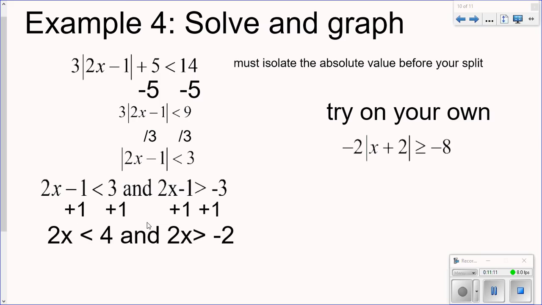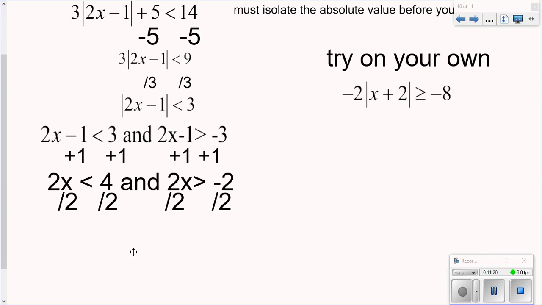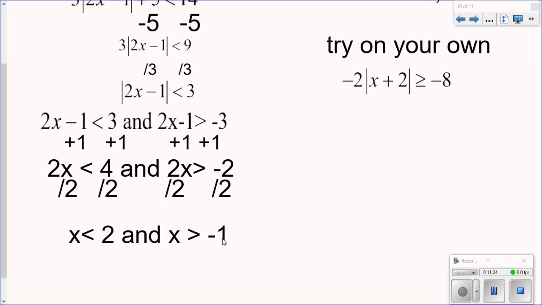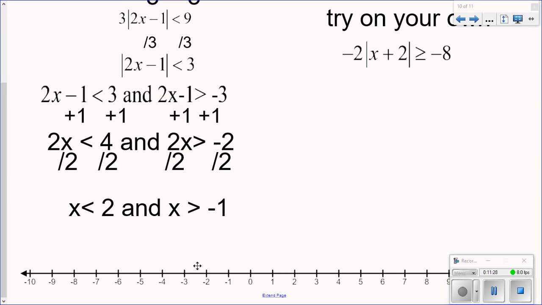I get 2x is less than 4, and 2x is greater than negative 2. Divide everything by 2. I get x is less than 2, and x is greater than negative 1. So my graph, which is right here, it's an and statement, so they should connect. So I'm going to have an open circle on negative 1 and an open circle on 2 and connect them.